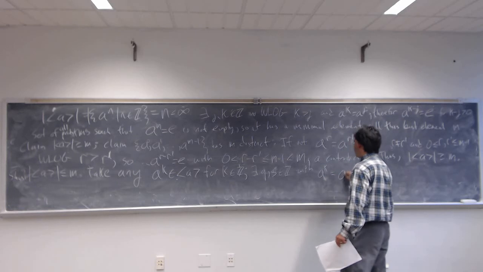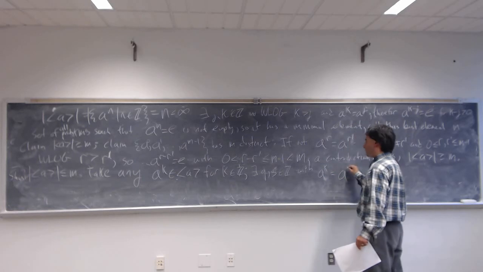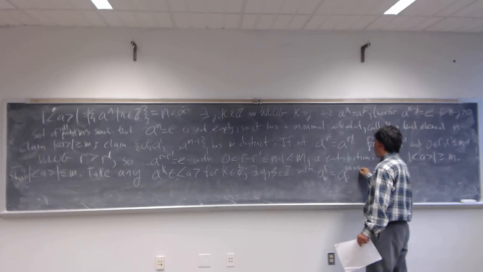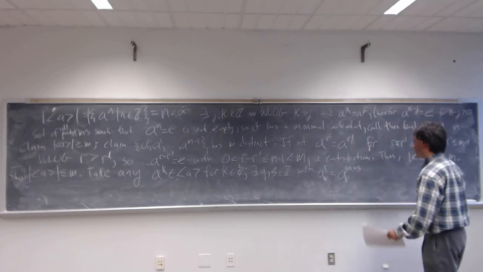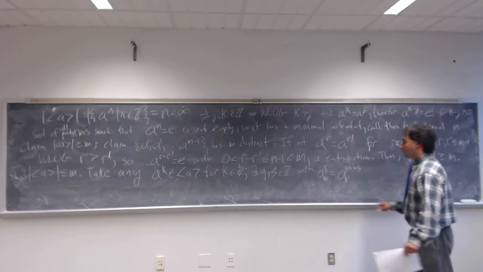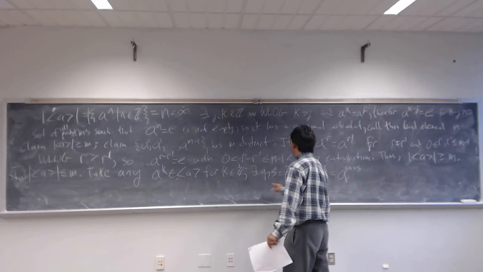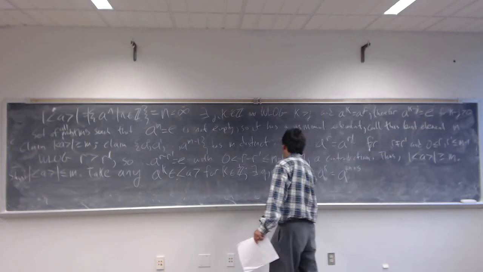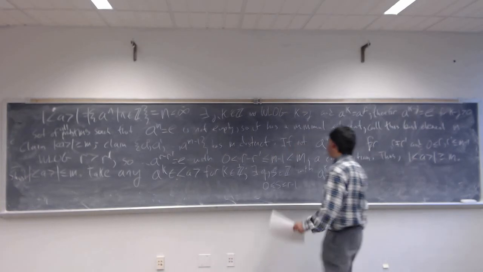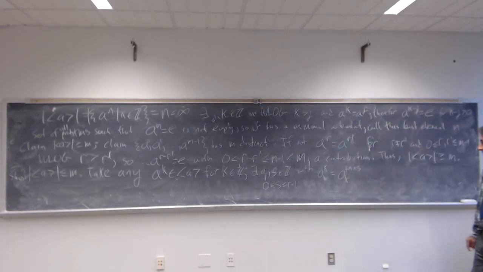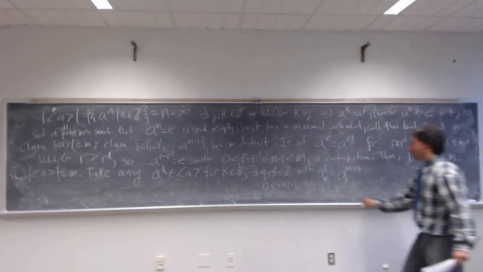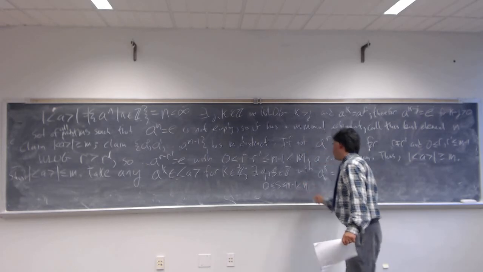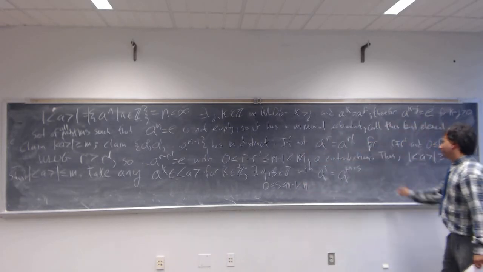Well, k is just going to be, let's divide it by m, qm plus s. And s is your remainder, so s is greater than or equal to 0 and strictly less than m, so less than or equal to m minus 1.